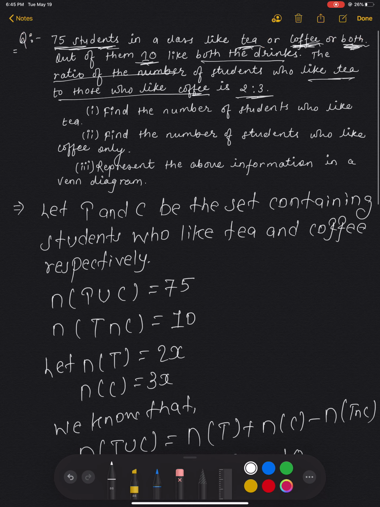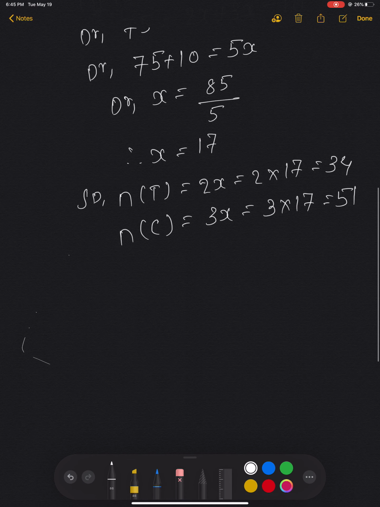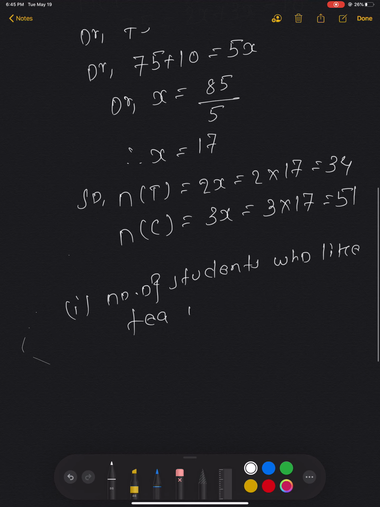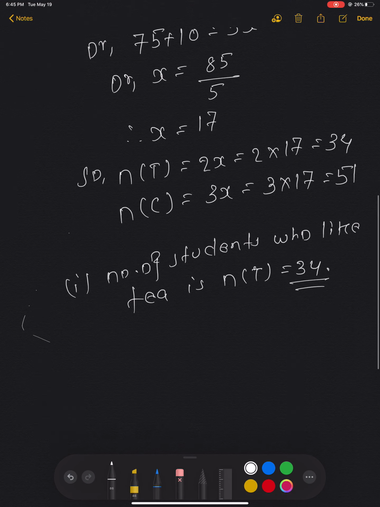So now we have to find the number of students who like tea. We already got it. The number of students who like tea is n(T) equal to 34, right? Already got that part.